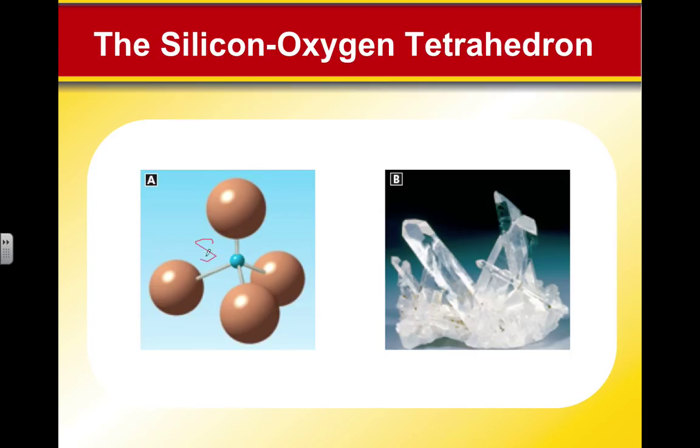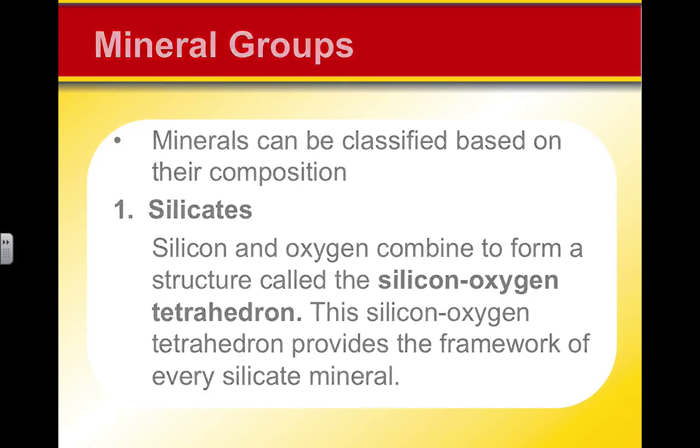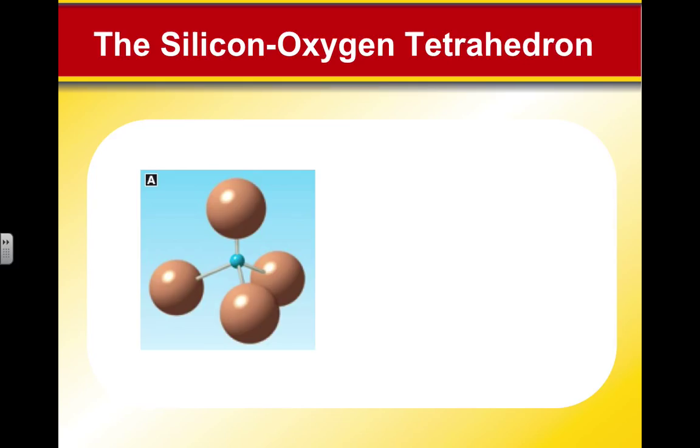Here we have Si in the middle, and we have 4 oxygens surrounding the silicon. Yeah, my tablet is not as responsive as I would like it to be. So a silicon tetrahedron, it actually gives you the structure of the mineral.